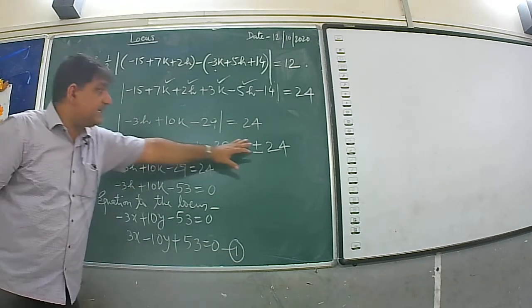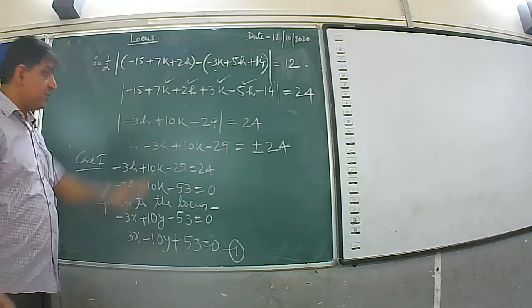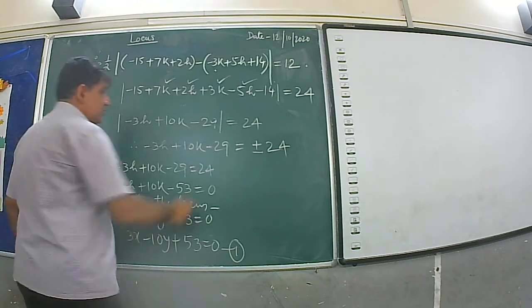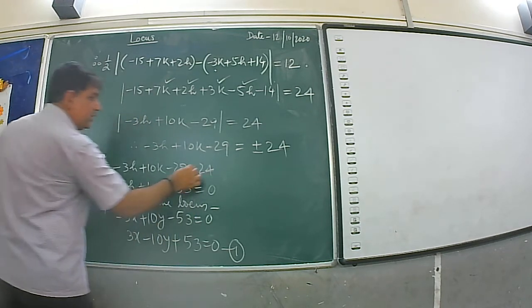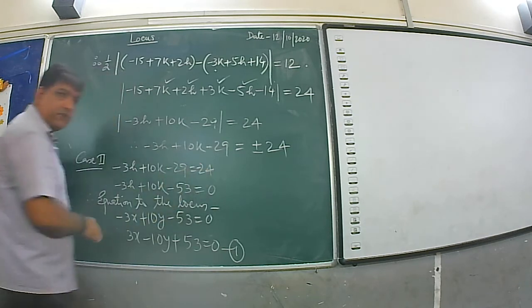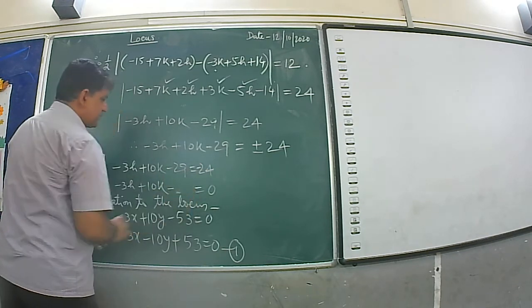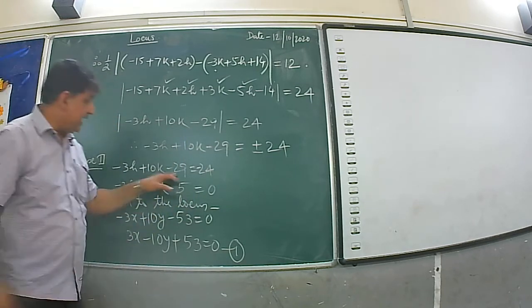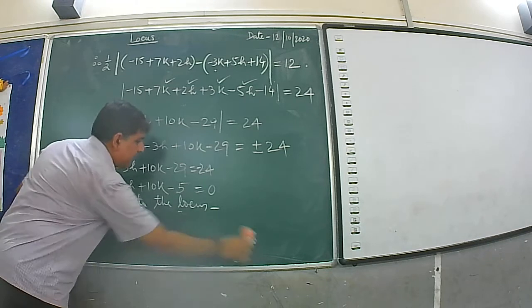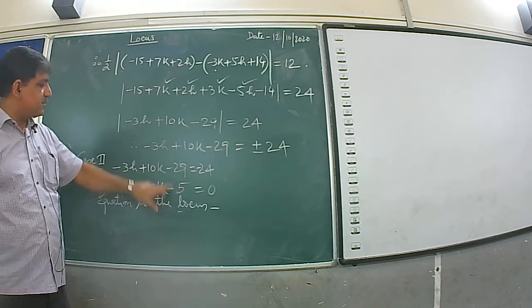Now if we take the minus sign, then once more we have an equation to the locus. How? Case 2. Here you will get minus 24, and from here you are getting minus 5, because minus 29 and then plus 24 becomes minus 5.